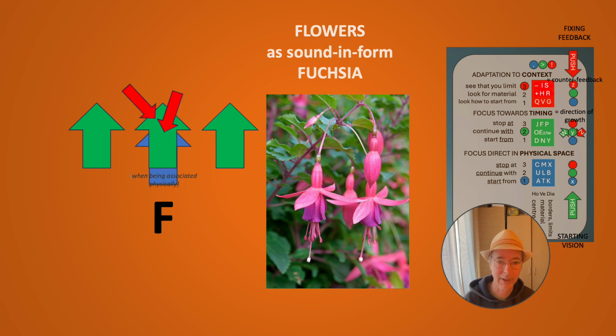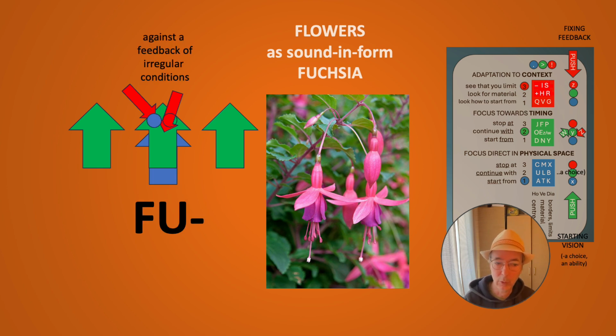So that's our first letter. The U means that it will deal with these irregularities. The U is a letter from the physical space. So now we're talking about how that happens physically. These conditions in F are expressed physically.